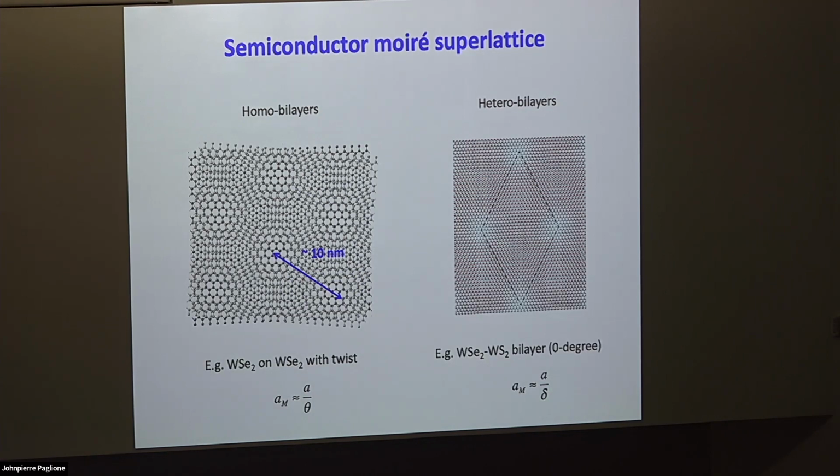But when you have a finite angle theta also, so you have delta and theta together, the denominator will change to the square root of delta squared plus theta squared. So because it scales as theta squared, as long as theta is small compared to delta, it contributes a tiny amount to the variation. So if you have a larger lattice mismatch, that's very robust. Okay. Yeah.